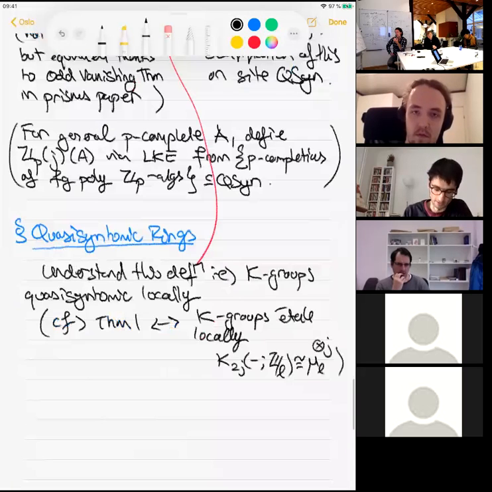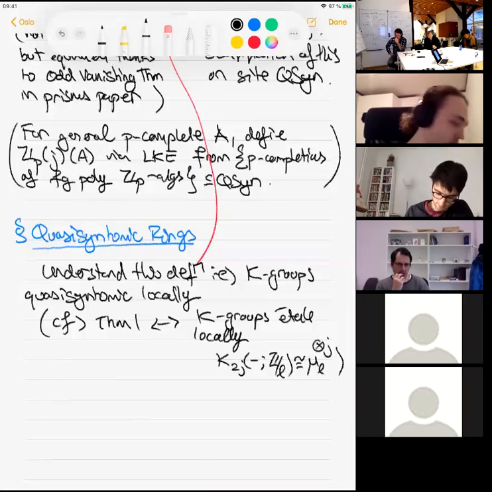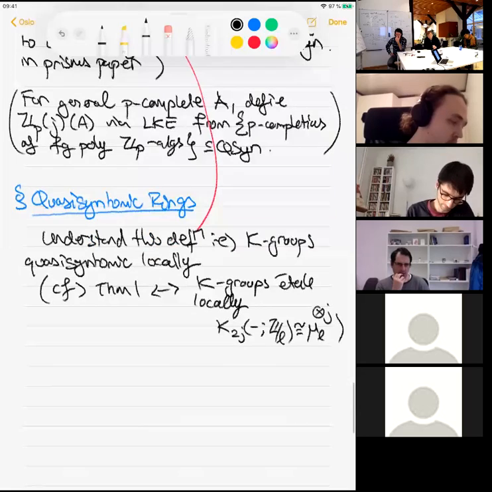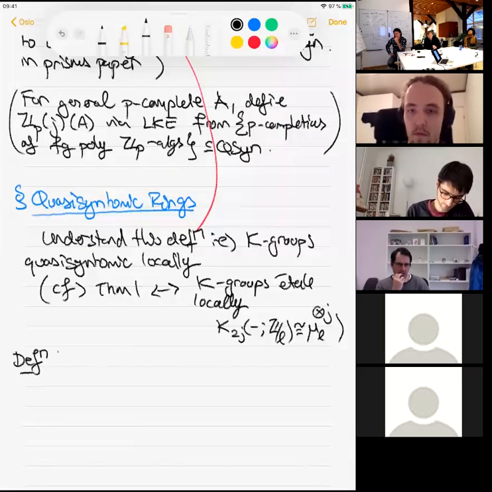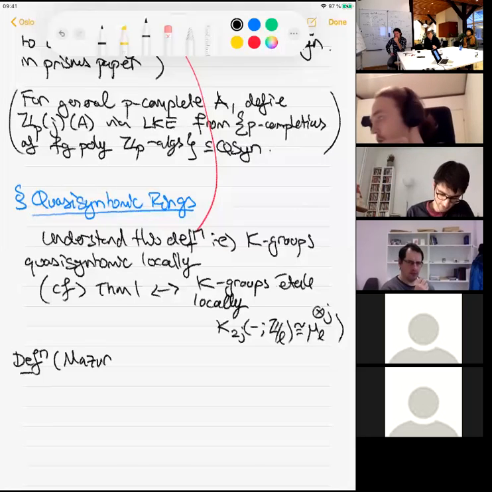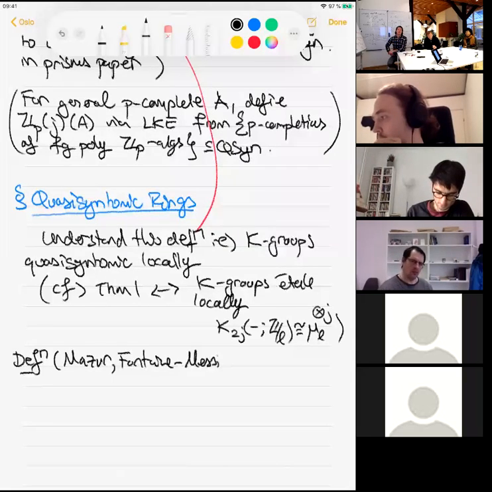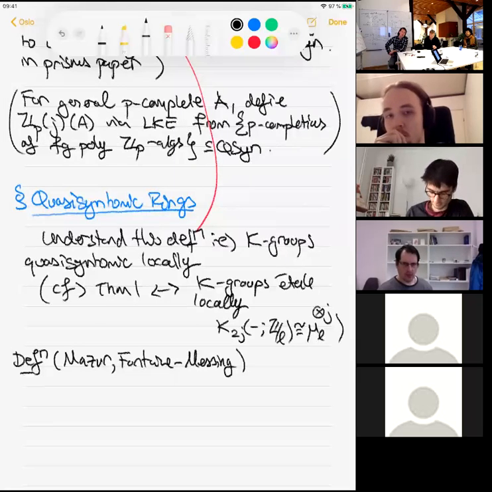And we won't be working étale locally, we will be working quasi-syntomic locally. So I guess we can start next time with the improved definition. I'll finish this time with the classical definition.